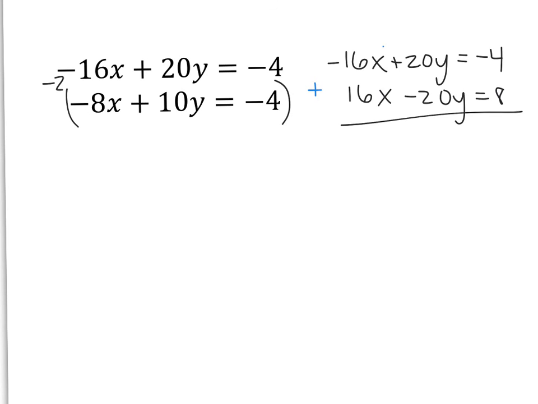So my -16x plus 16x cancels out. My 20y plus -20y cancels out. So I'm left with 0 equals -4 plus 8 is 4. And 0 cannot equal 4. So with this example, this means we have parallel lines. So here we actually have no solution. 0 does not equal 4.